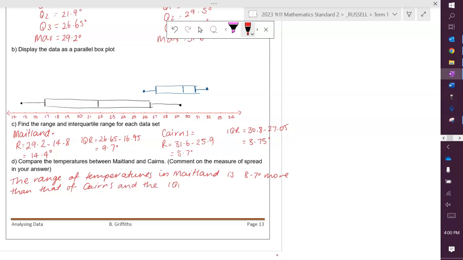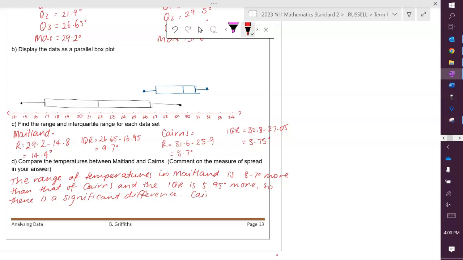And the interquartile range is 5.95 degrees more. So there is a significant difference in those measures.